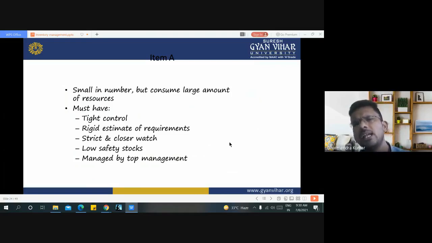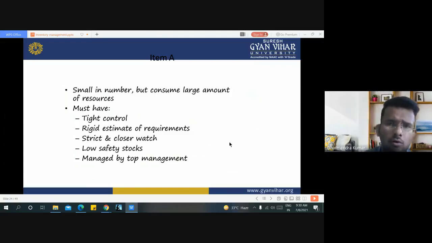Since A category items have more inventory cost value, they are directly managed by top management. Generally, in item A, we keep some heavy machinery. It consumes approximately 60 to 70% of the overall inventory cost value.